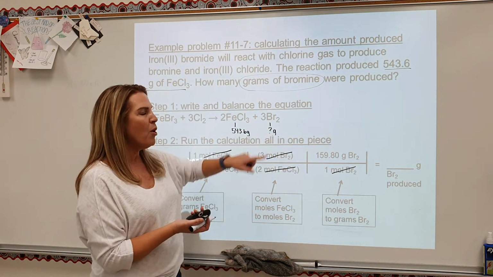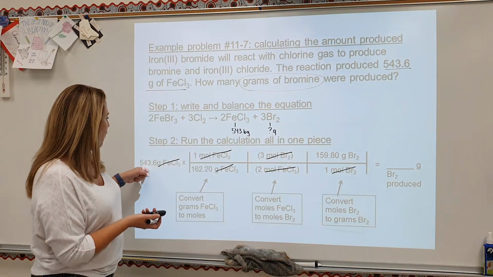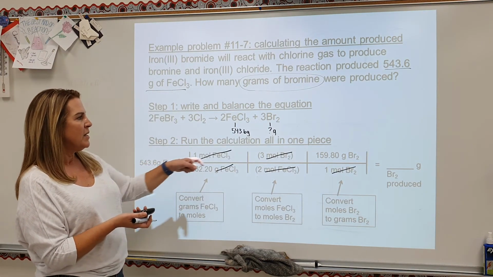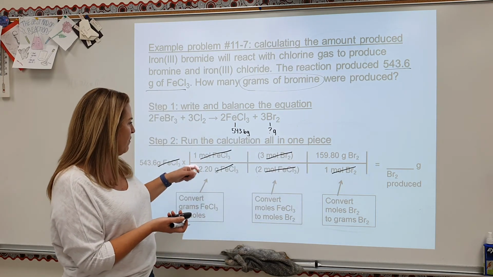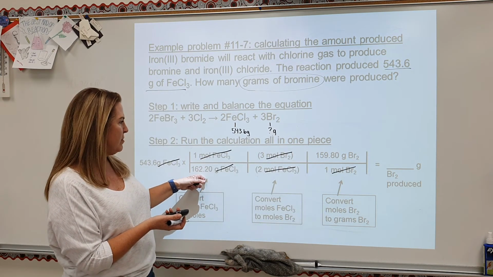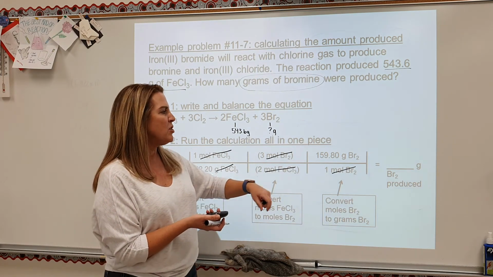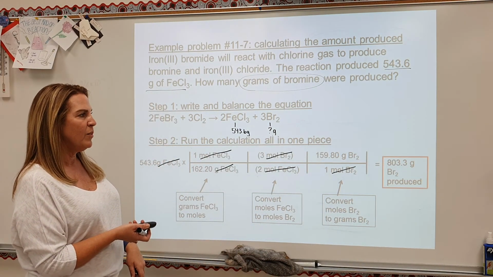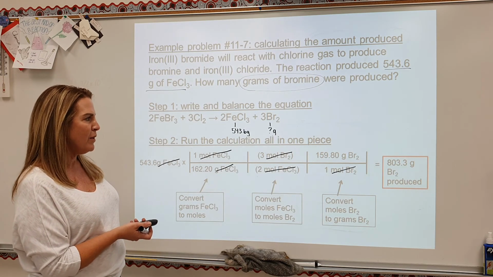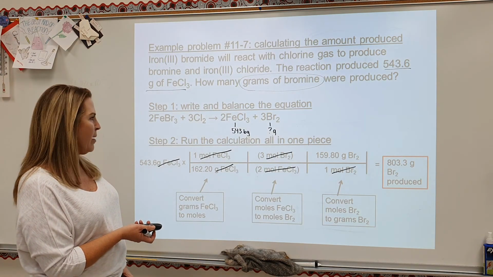G unit and bromine, that's what I'm looking for. So 543.6 times 3 times 159.80 divided by 162.20 divided by 2 equals. The magic of the computer. There you go. So we have 803.3 grams of bromine.